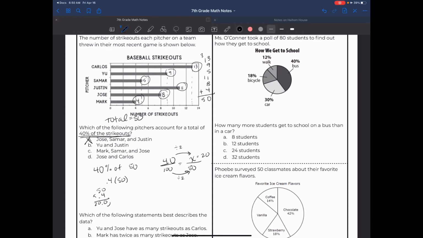Because what was that? 14 plus 11, it came out to 25. You and Justin, so 9 plus 11 does equal 20. So I know B is going to be my answer, but y'all know we're going to go and invalidate the other answers. Mark, Samar, and Jose was 4 plus 5 plus 8, which comes out to 17.